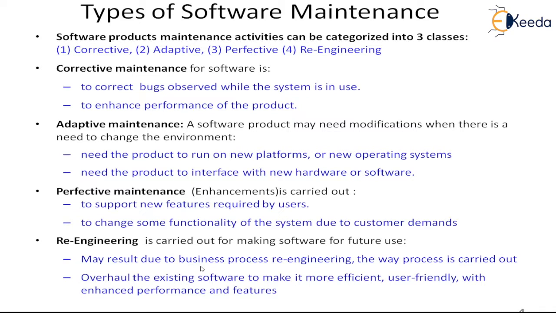And similarly, if the existing software, after having undergone corrective maintenance, adaptive maintenance, and preventive maintenance for many years, becomes inefficient, then they need to enhance its efficiency. They want to make it more user friendly. They want to enhance some of the features and performance. So they want an extremely major change, which will totally overhaul the existing software.